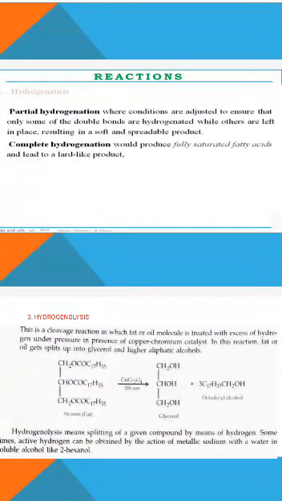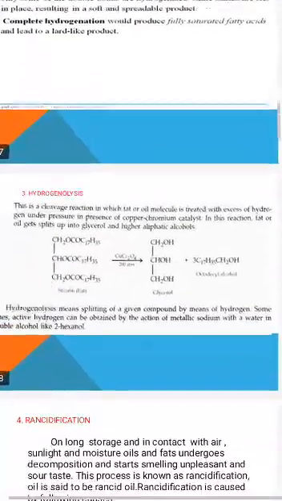After partial hydrogenation, some of the double bonds are hydrogenated while others are left in place. That means a semi-solid material is obtained, which is a fat, soft and semi-solid in nature. If we do complete hydrogenation, the product obtained is very hard.